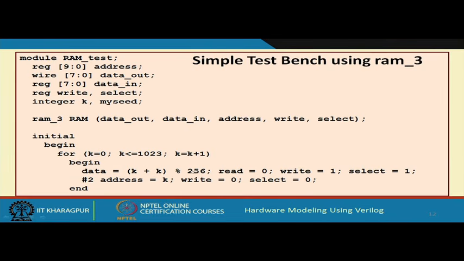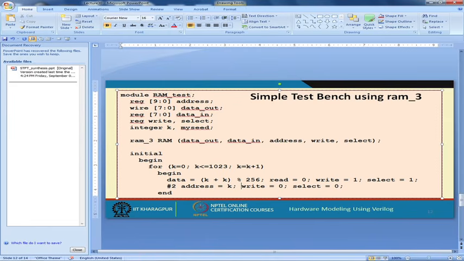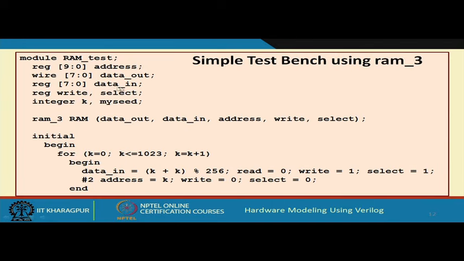Data you are calculating, you are storing it into data in. Yes, you have declared it as data in. So, data in will be getting this data, address will be k, and then you write 1, select 1, it will be written, okay, like this.